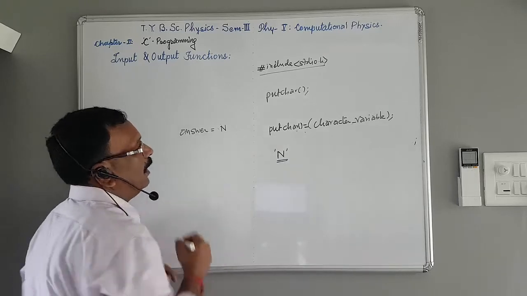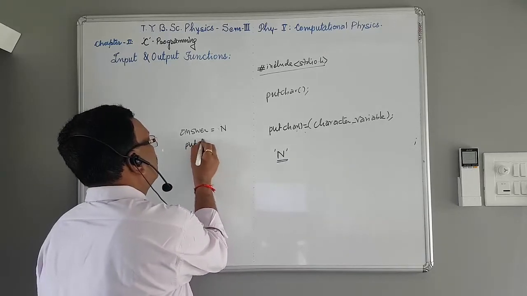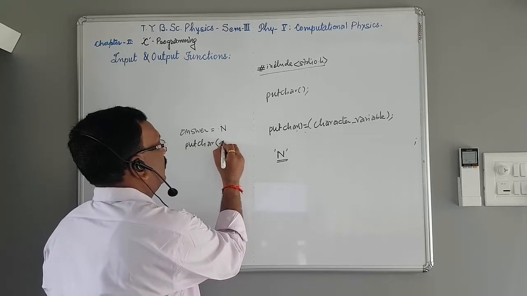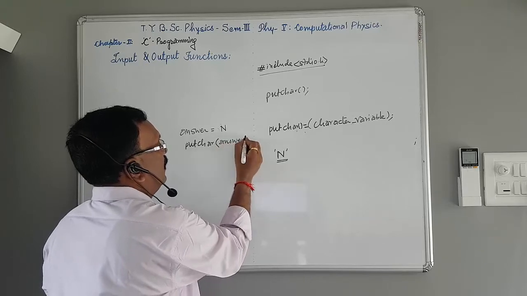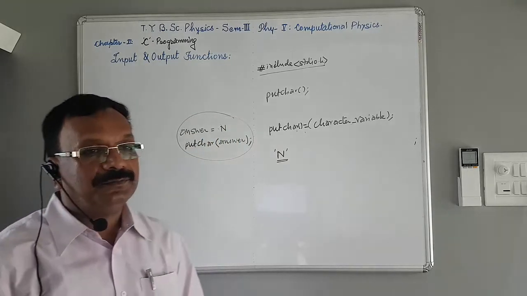Then answer is equal to n, putchar answer. This is the example of putchar.